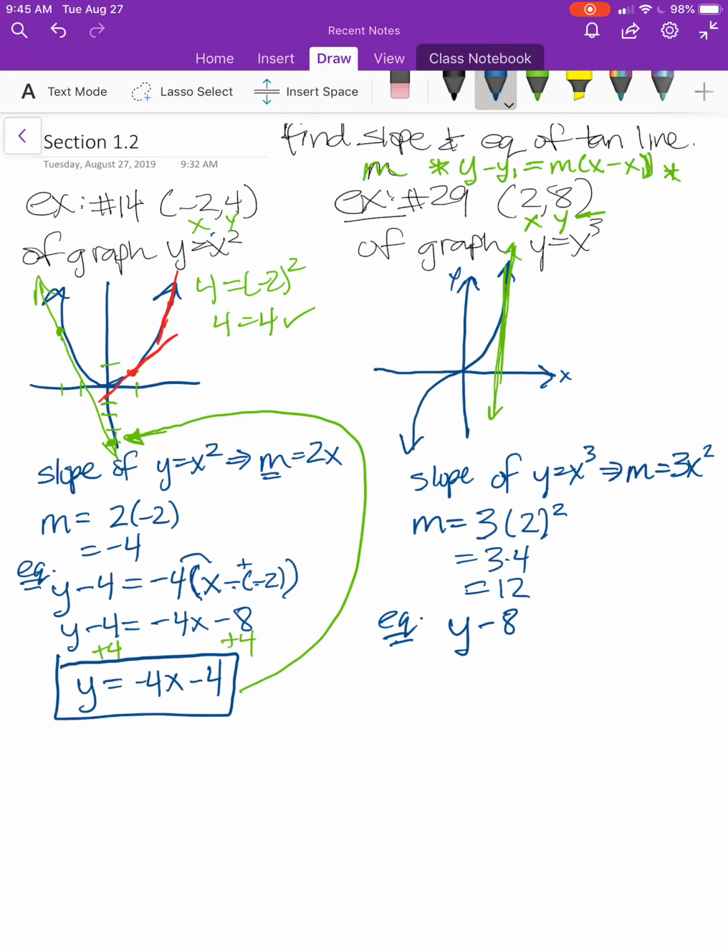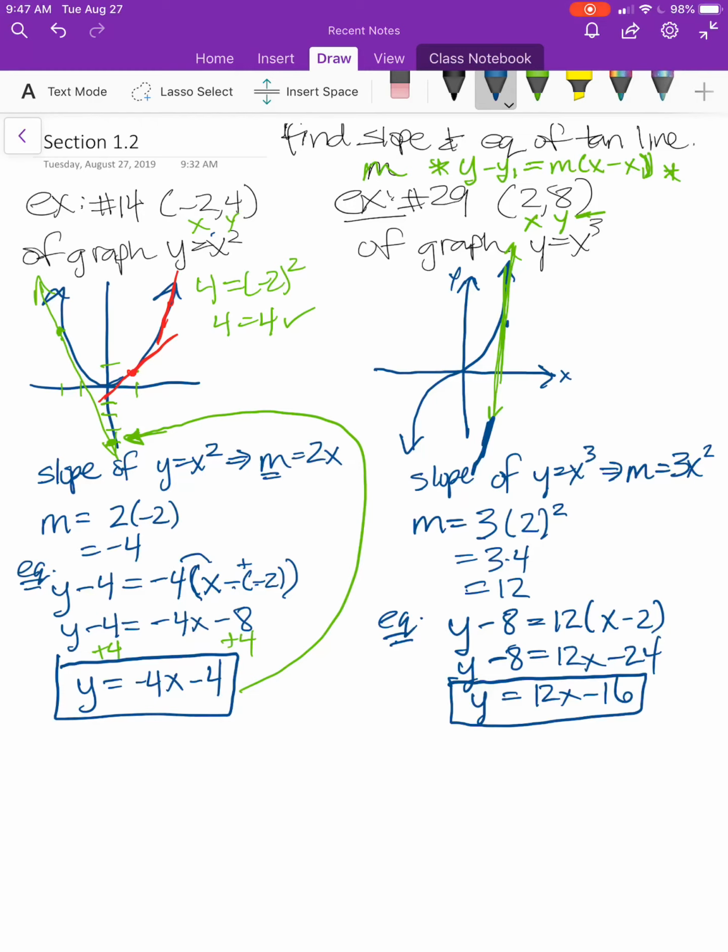So y minus 8 equals 12 times x minus 2. Distribute and combine like terms. Let's get in slope-intercept form, y equals mx plus b. Add 8. And again, looking at the graph, the y-intercept probably is way down there at negative 16, so that looks believable. The slope is 12. That also looks believable.